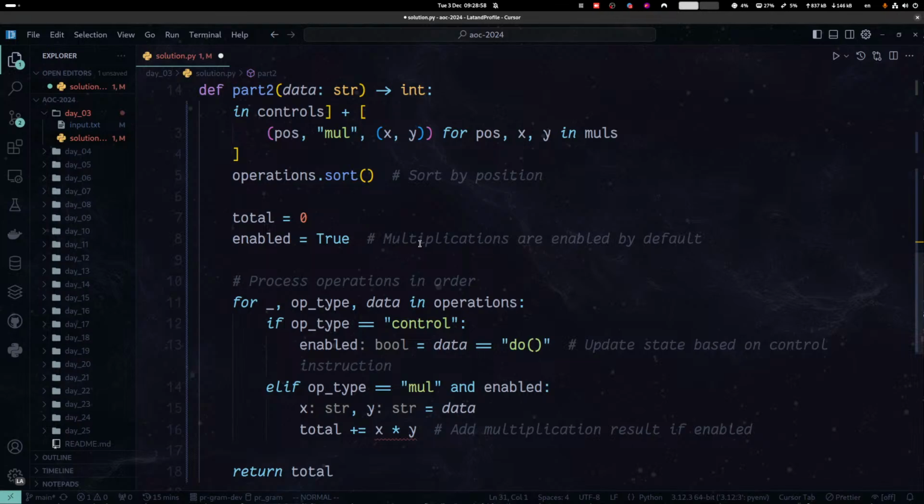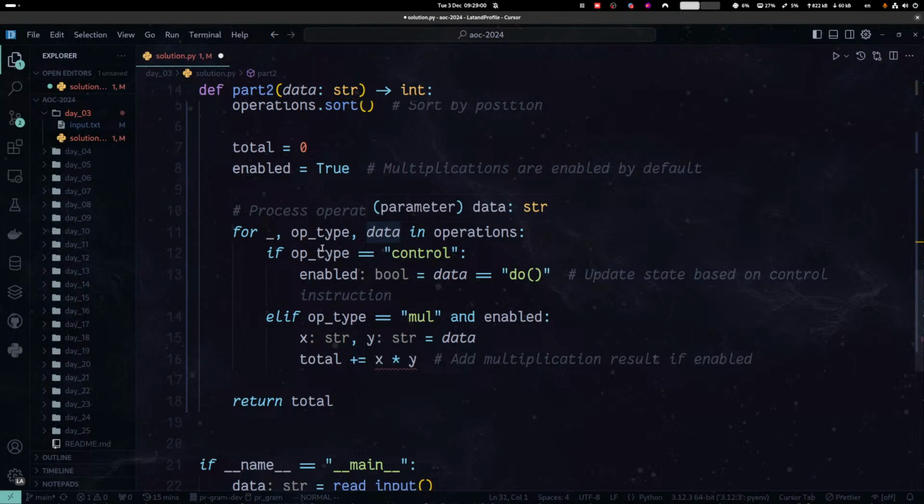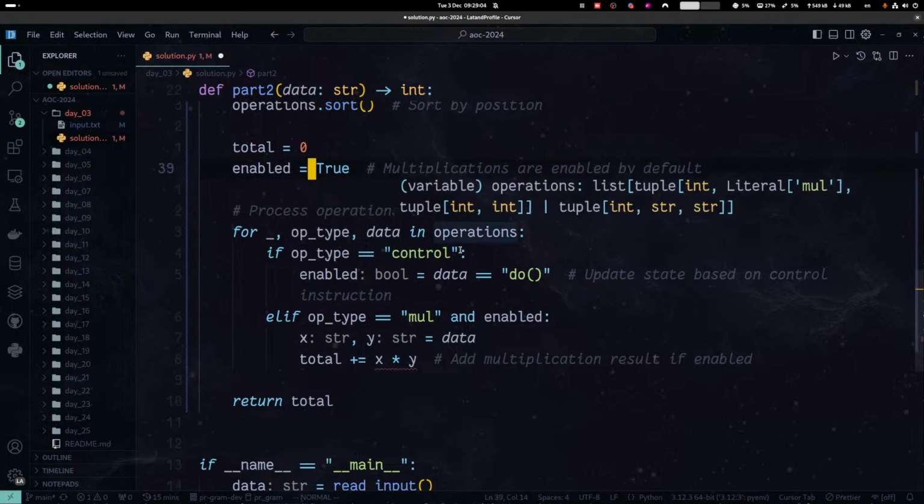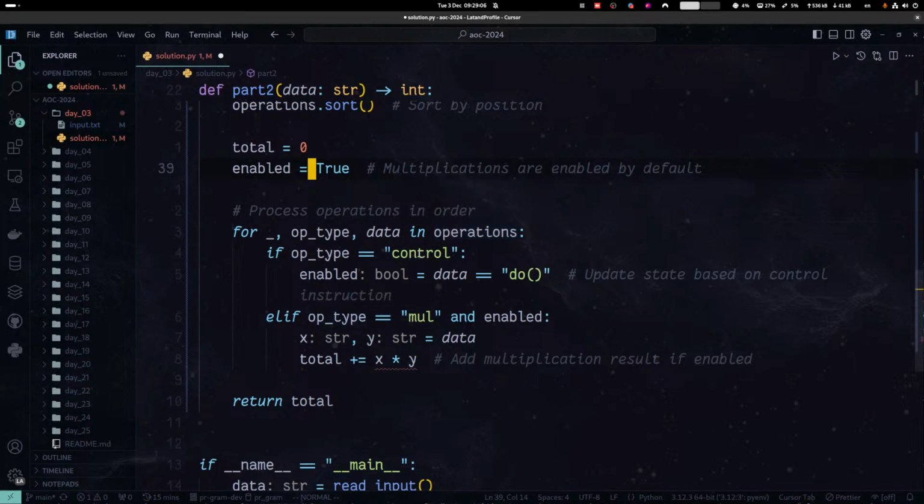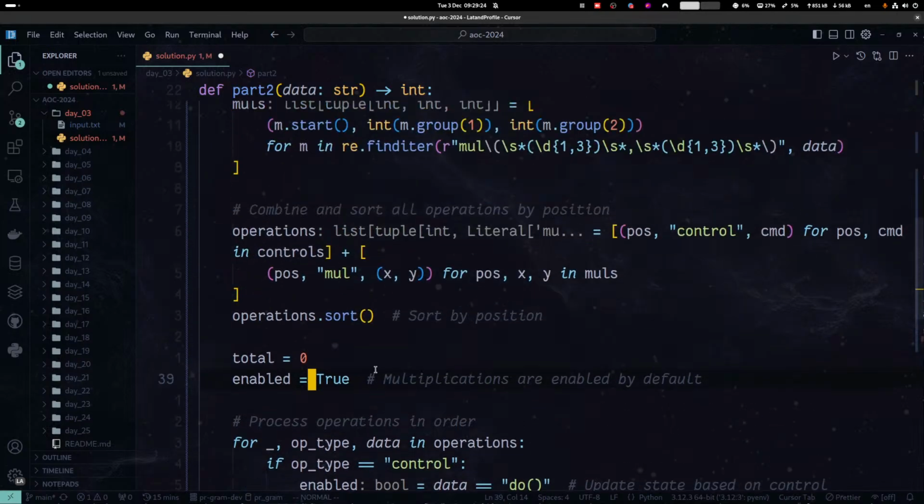This is more complicated code than I thought. Operation type, data. Alright, so it's split into two operation types. It's control, either to enable or disable, the do, and then another operation type is multiplication. For some reason it sorted them out.